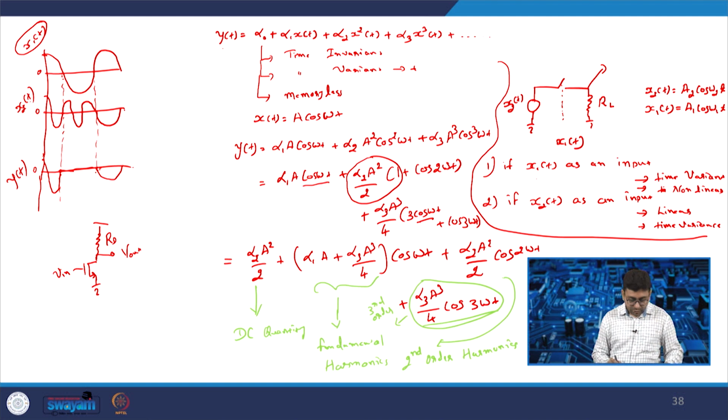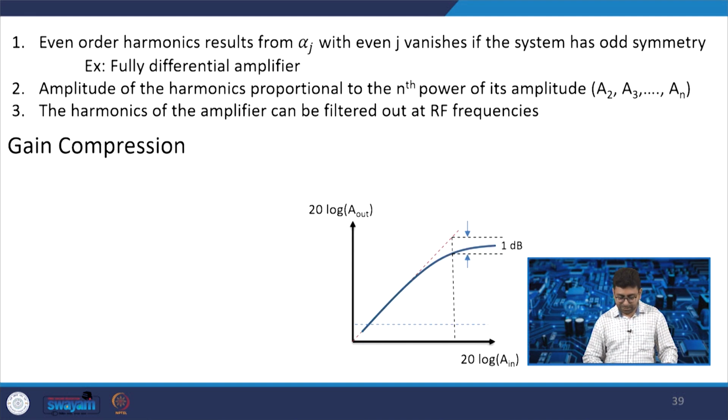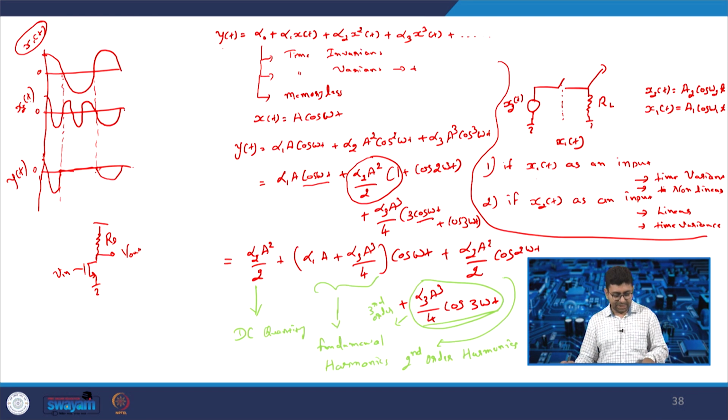Now, if we try to sum up, even order harmonics resulting from alpha j with even j vanish if the system has odd symmetry. Let us say we already considered the example of the amplifier.